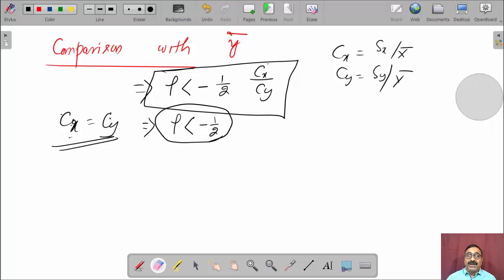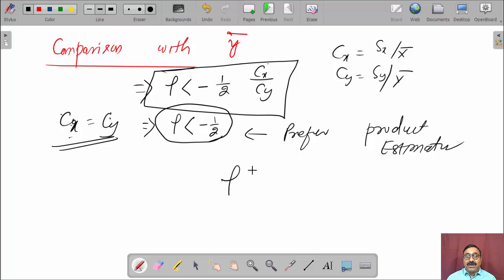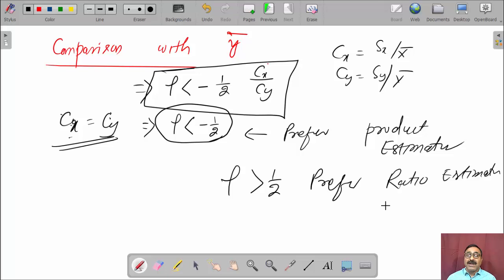From the ratio estimator we have already derived that when rho is greater than half we prefer the ratio estimator over the mean per unit estimator y bar. We have seen that our correlation coefficient lies between -1 and +1.